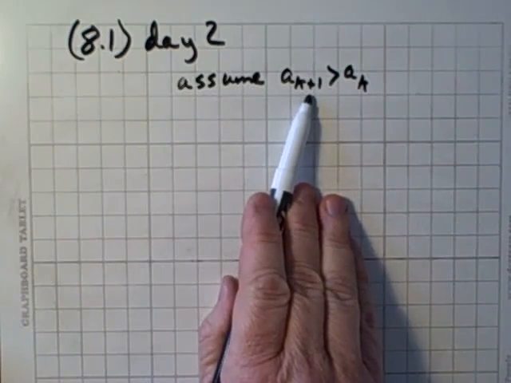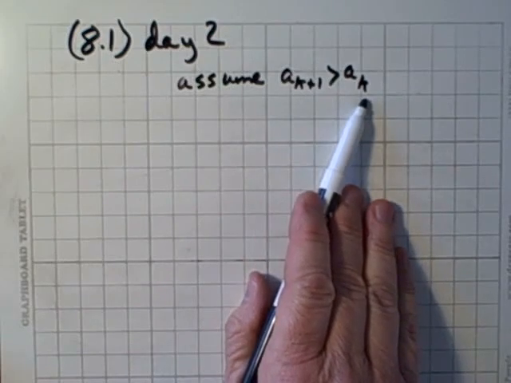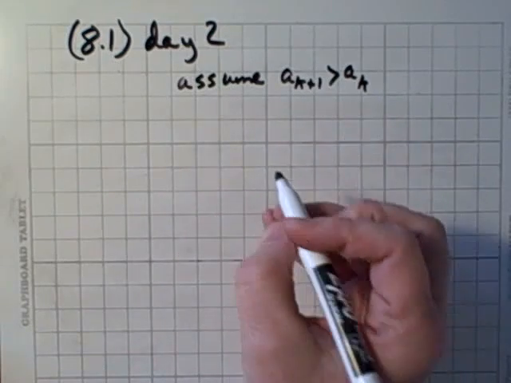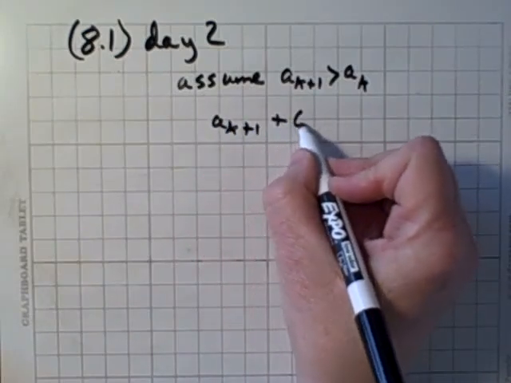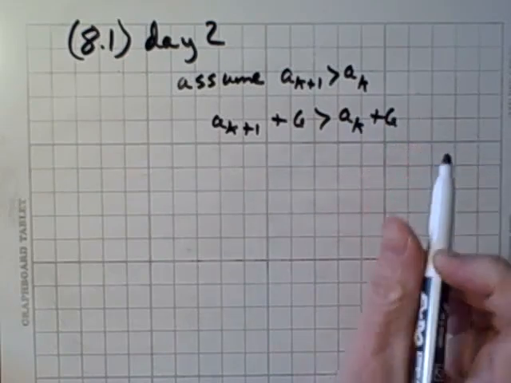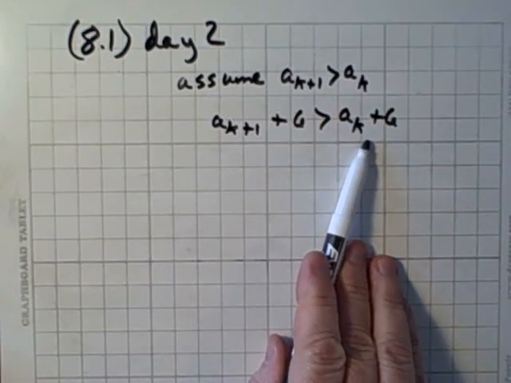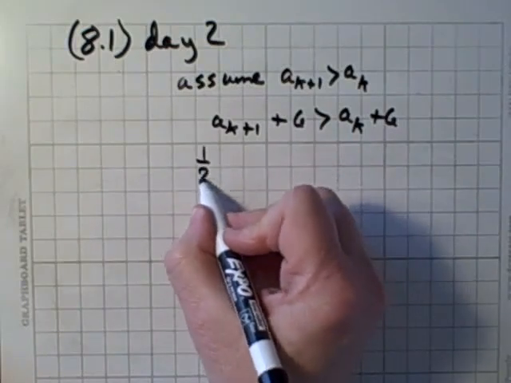What we basically do is create the formula by performing the two algebraic steps that the formula included. Add 6 to both sides. We're talking about the recursive part. So I take the a sub k plus 1 and I add 6. And again, the formula was take the previous answer and cut it in half. So I'll multiply both sides by 1/2.